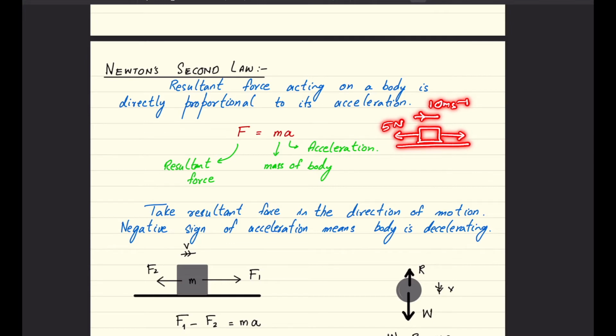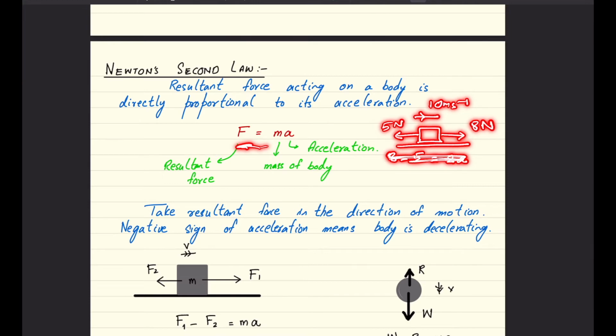So let's say the forward force is 8 Newton, then you have to make note that F stands for resultant force, which means the resultant force is going to be 8 minus 5, and whatever is the mass of the object, let's say the mass is given to you as 2 kg, so you put 2 times a and you get the acceleration as 3 upon 2 or 1.5.